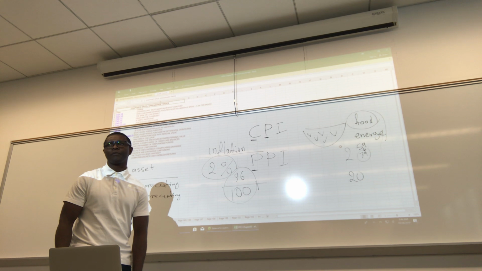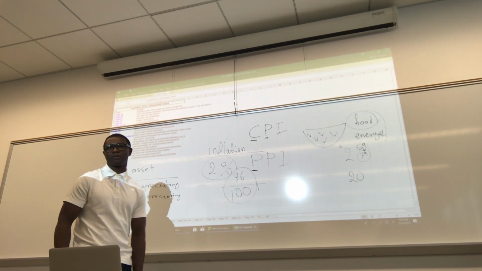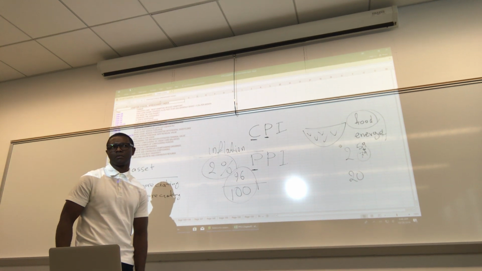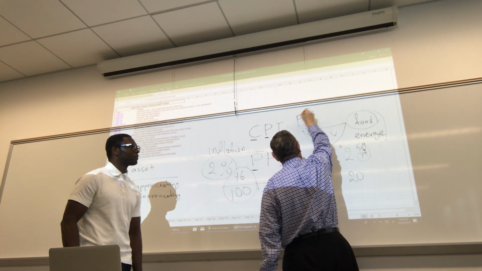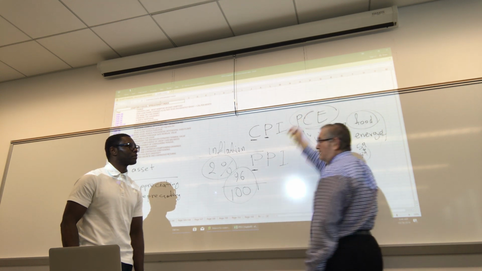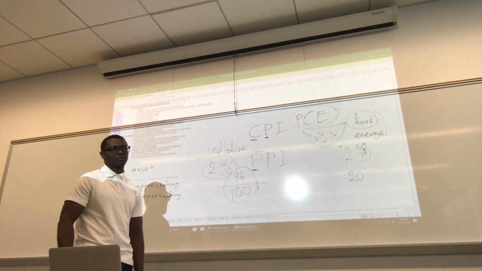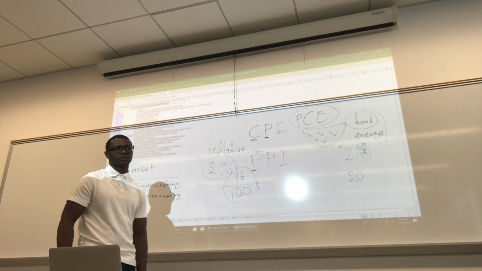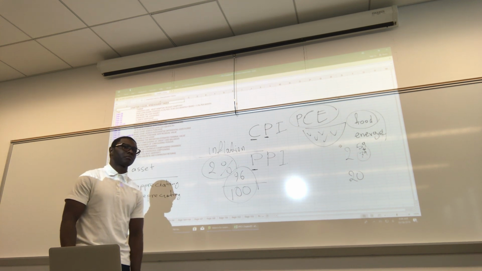Consumption expenditures price index, or the PCE. PCE is the measurement that the Fed is using. The Fed is not using the consumer price index, and does not use the producer price index.